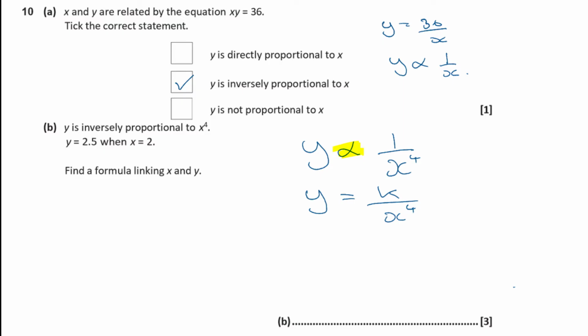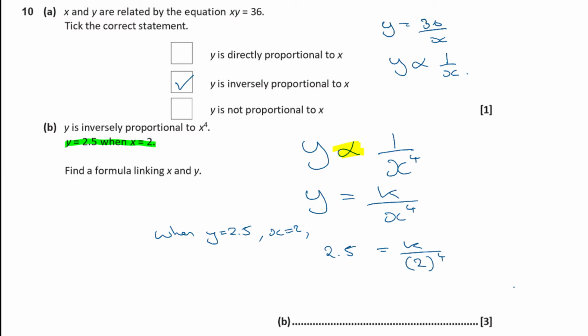And they give us a handy pair of values that go together here, and I can use those to evaluate what k is. So when y is equal to 2.5, then x is equal to 2. Subbing those in, I'm going to get 2.5 is equal to k lots of 2 to the power of 4. Okay?